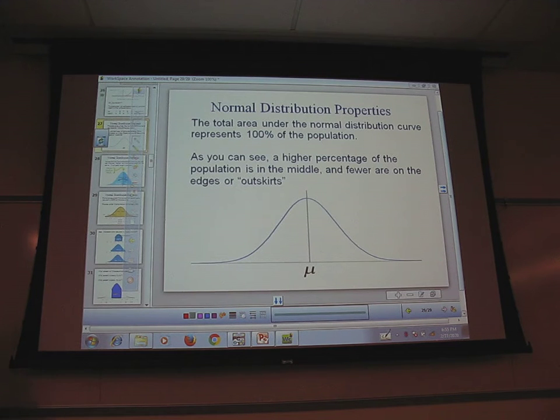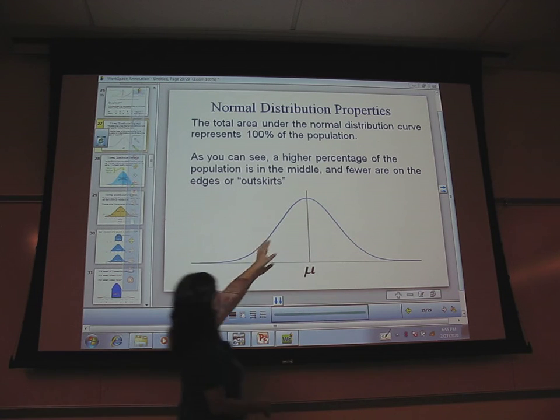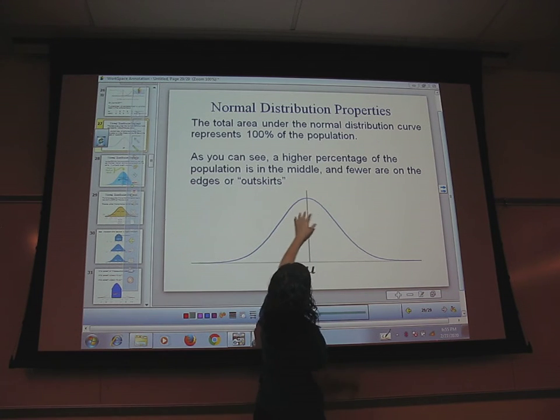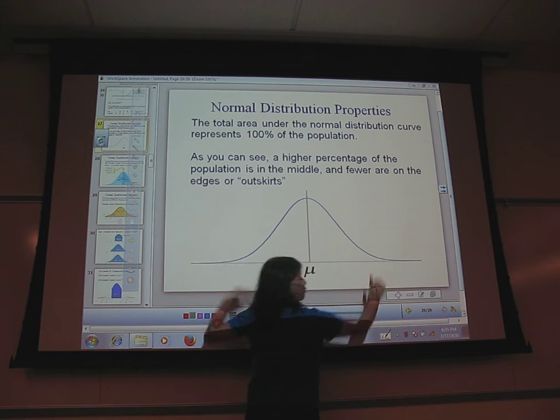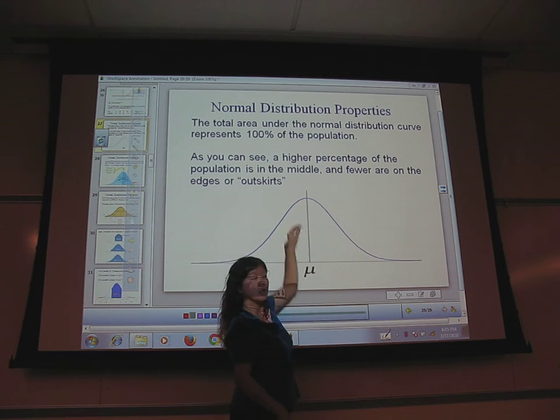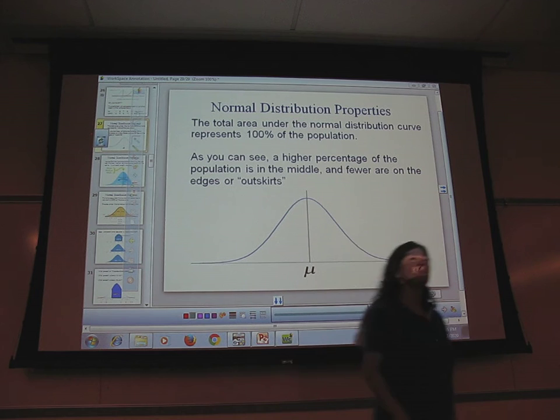Here are some properties. Let's get Vanessa. Go ahead. The total area under the normal distribution curve represents 100% of the population. As you can see, a higher percentage of the population is in the middle and fewer are on the edges or outskirts. Right, so most of them are in the middle, fewer and fewer as you go toward the outskirts.